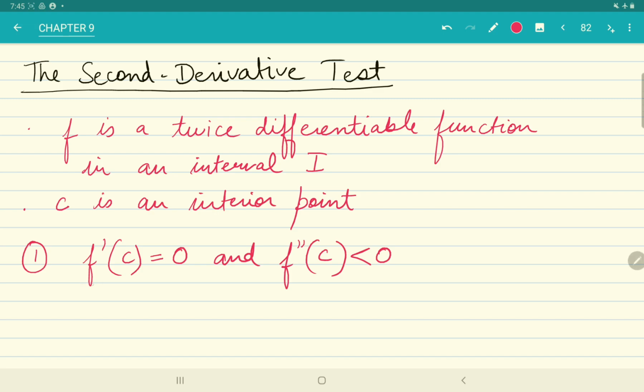So f prime c is equal to 0 and f double prime c less than 0. This implies C is a strict local maximum point.